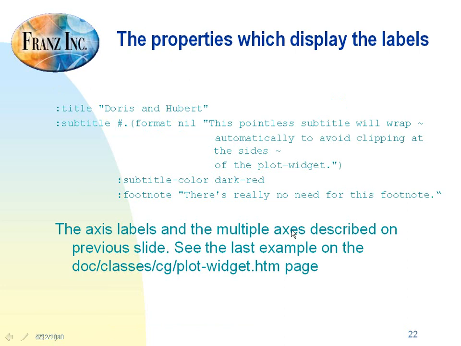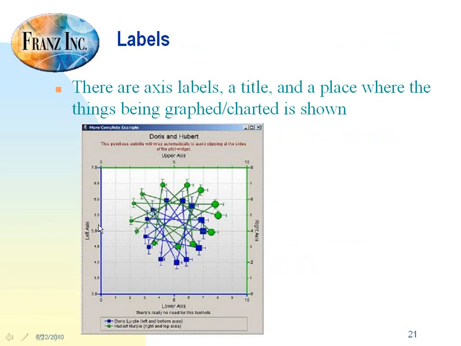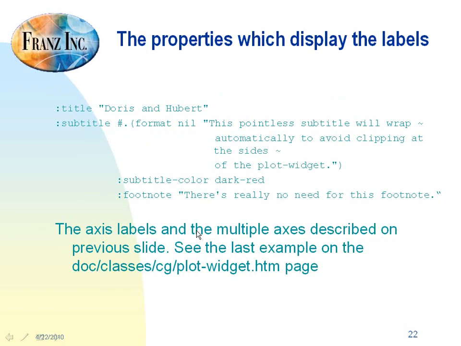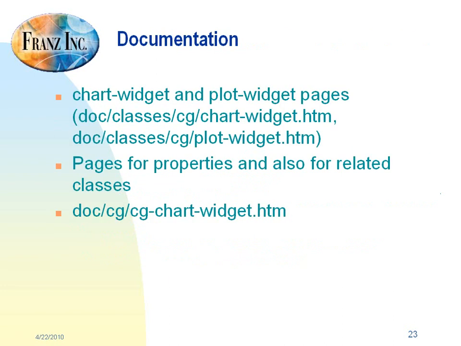Notice, too, the axis labels and the multiple axes: we have a left and lower axis, and we have a right and upper axis, and they show different values, and they can be colored to indicate which points should be used on which axis. And again, I'm not going to go through that in detail, but if you look at the example on the plot widget page, you can see the arguments that produce that effect.